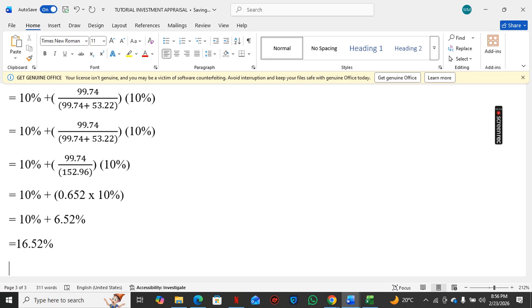So now we go to our decision. Remember, if the IRR is greater than the cost of capital, which is 10%, you accept the project. 16.52% is greater than the cost of capital.